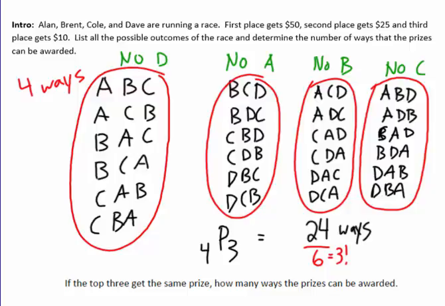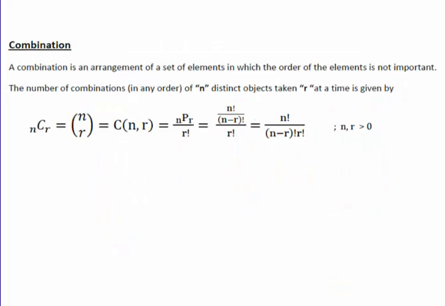And the 3 comes from our first, our second, and our third. The 3 people that we want to pick. So if order doesn't matter, we're just going to take our permutation and divide by the number that we are picking. That's going to allow us to write a formula for a combination.